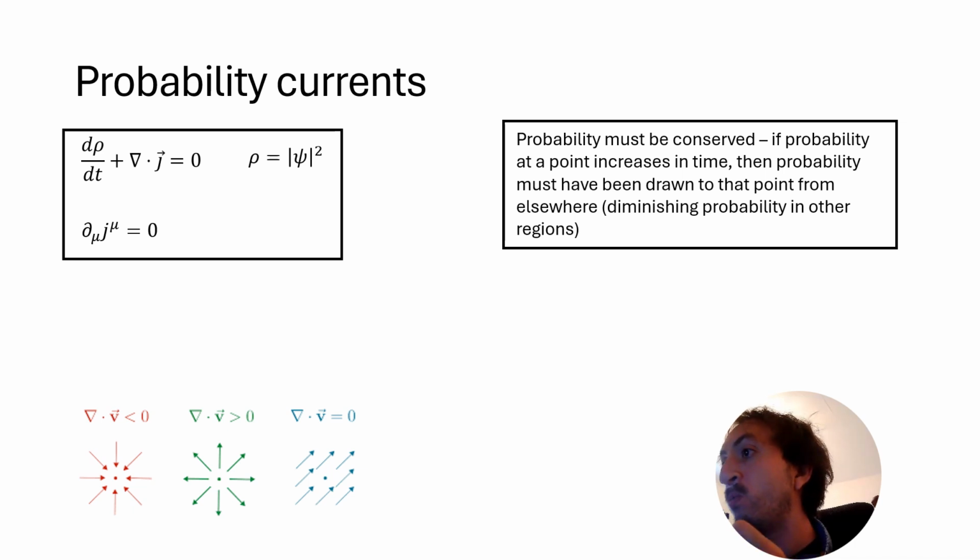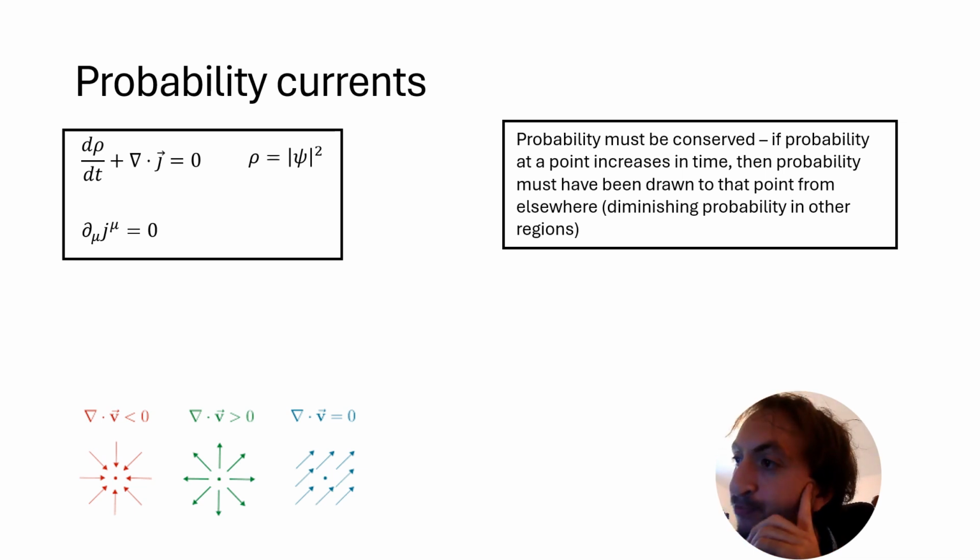So J naught is the time-like component of J, and J0 is not the charge density, J0 is the probability density, so it's just equal to rho, and the other space-like components of J are just our probability current.